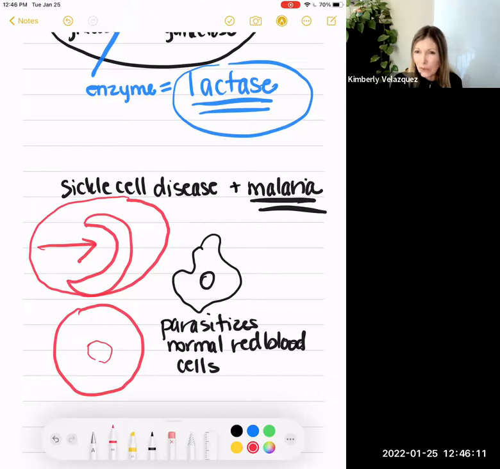But if you live in a place with malaria, it actually offers a survival advantage, because the malaria parasite cannot infect a sickled red blood cell. So what normally would be a huge disadvantage in a different environment now becomes a survival advantage. And therefore, in areas with malaria, sickle cell disease is very common.